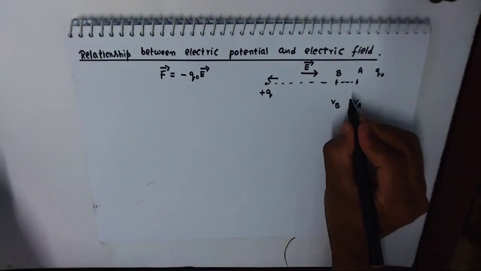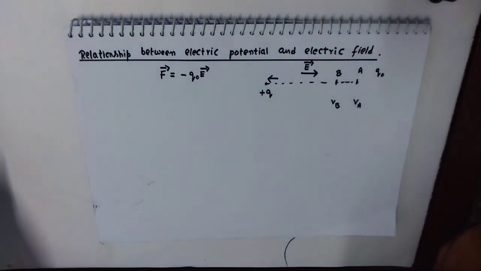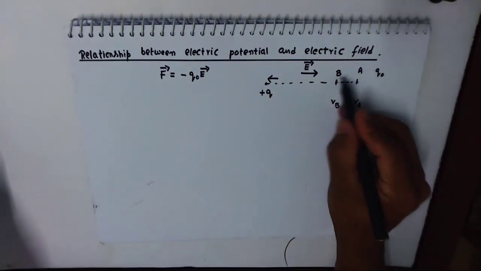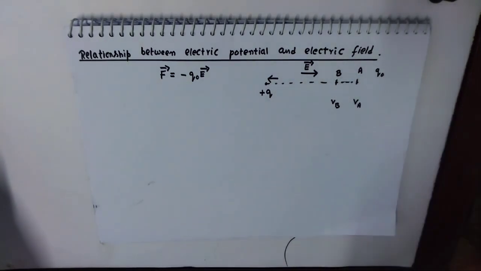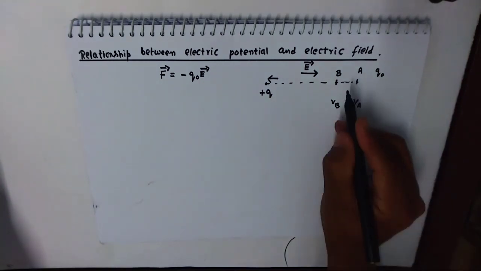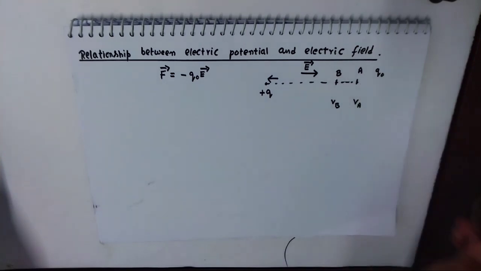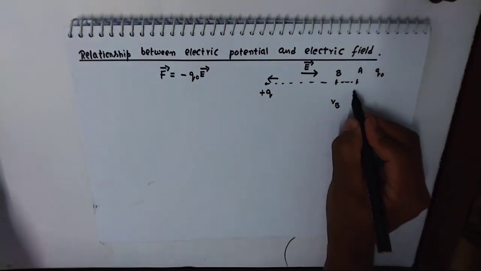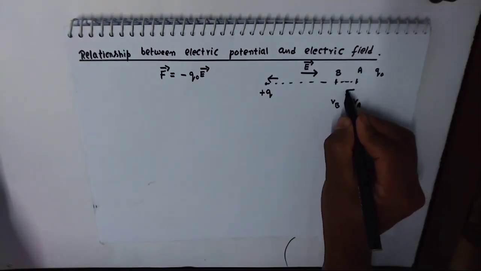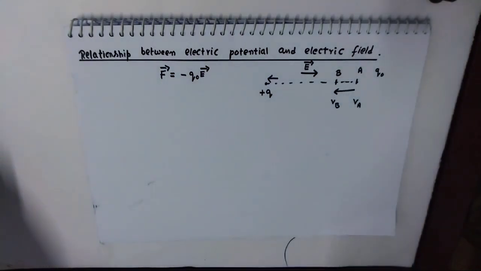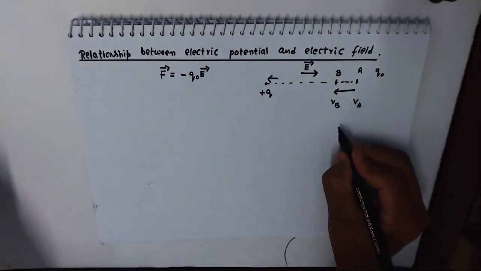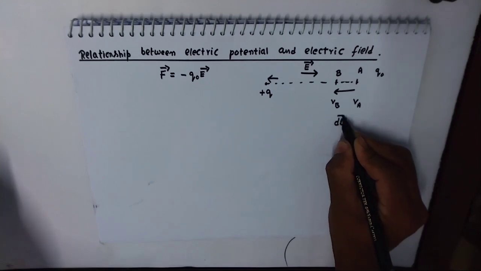So we will also consider that these 2 points B and A are very close to each other, so that the electric field at B and A is uniform. Suppose now we move this test charge Q naught in this direction, and the distance through which it is moved is dl.